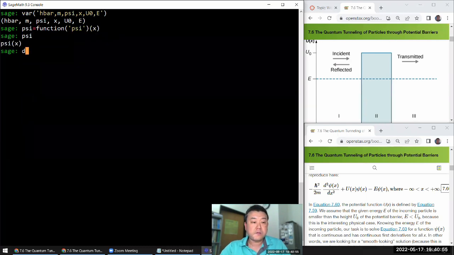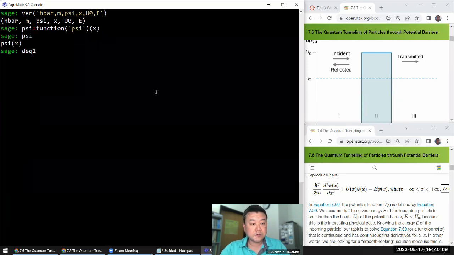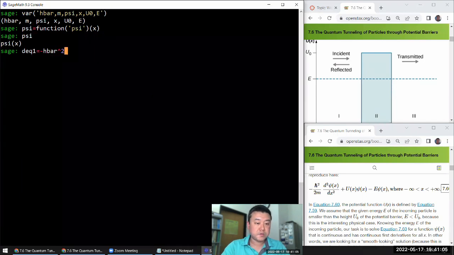So my first differential equation, in region 1, is going to be minus h bar squared over 2m times the second derivative of psi with respect to x twice.